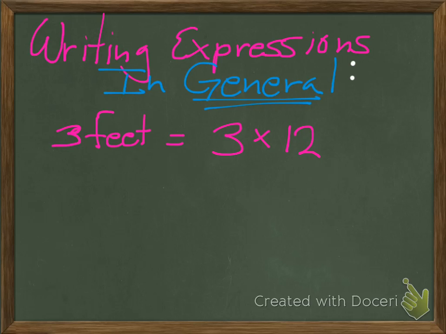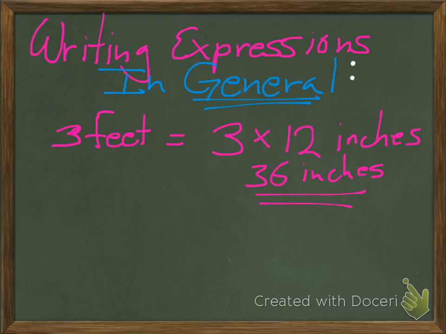So an expression to compute how many inches are in 3 feet would be 3 times 12 inches. And of course we could evaluate that and say, well, that's 36 inches, Mr. Gunn. And that is correct. This would be the answer that we're going to get.